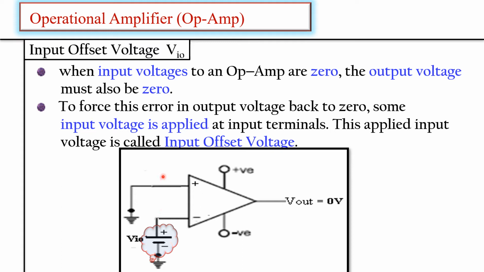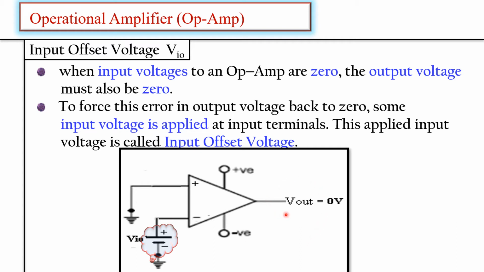Because of the slight difference, there is a potential difference between the two terminals, VB1 minus VB2, and this potential difference gets amplified at the later stage.